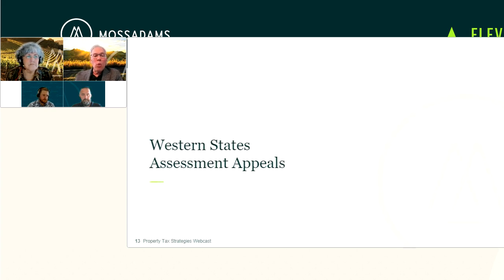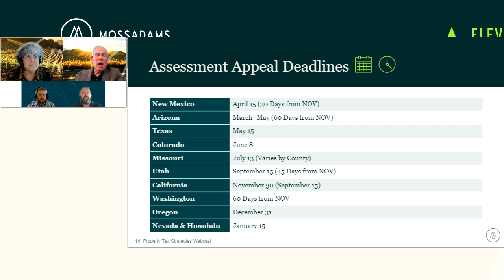Let's talk a little bit about Western states' assessment appeals. We included just a handful of states here, and I'll handpick a few. Arizona, California, Oregon, and Nevada, they all have tax caps. Tax caps are very beneficial to taxpayers.